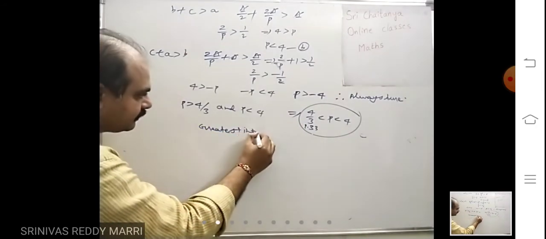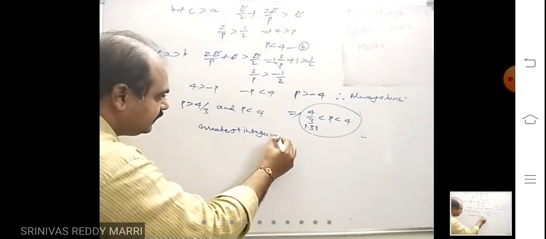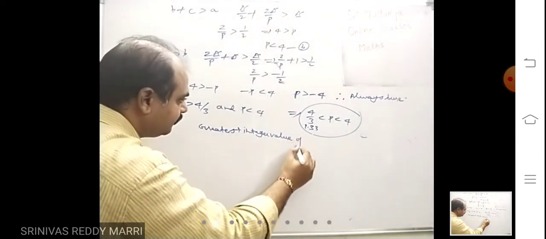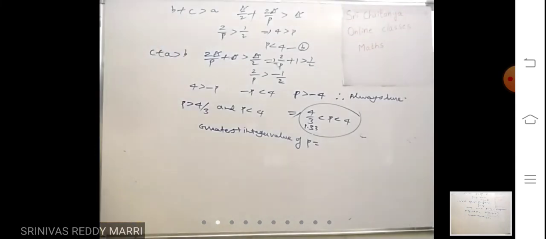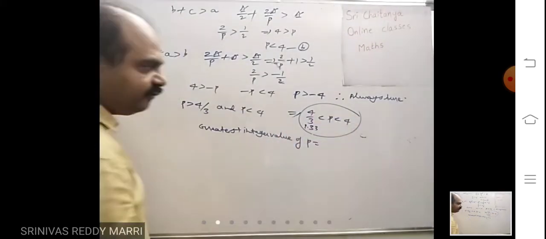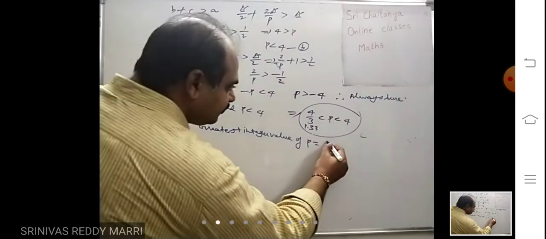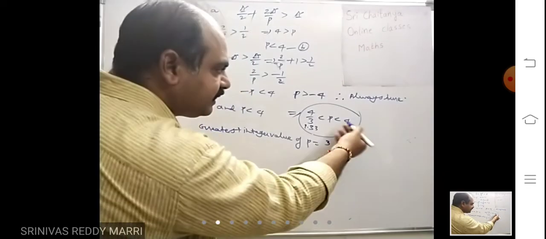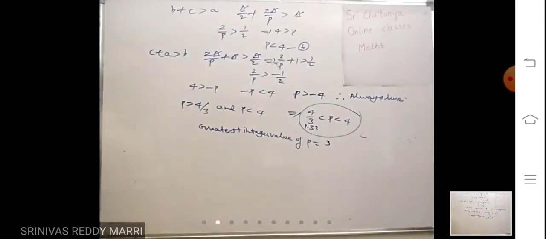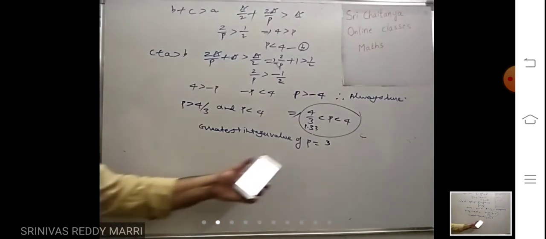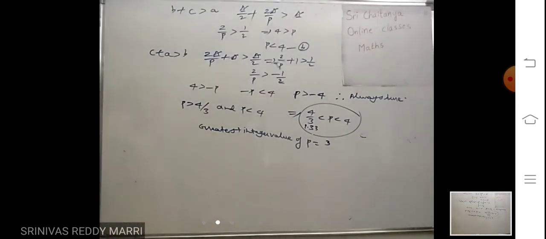Actually, P lies between 4 by 3 and 4. What is the greatest integer in that? 3. 4 is not possible because P is less than 4. So the greatest integer value of P is 3.